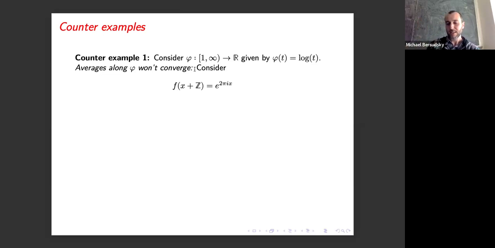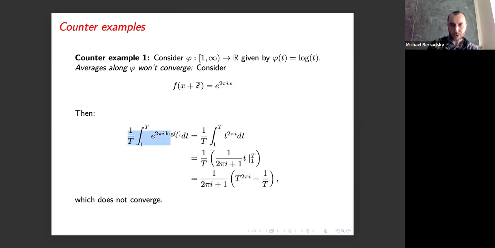Possibly there are many weak-star limits of the measures. To see that, let's consider the exponential function e to the 2 pi i x. It's a function on the circle. I'm going to average this function along the log t curve.